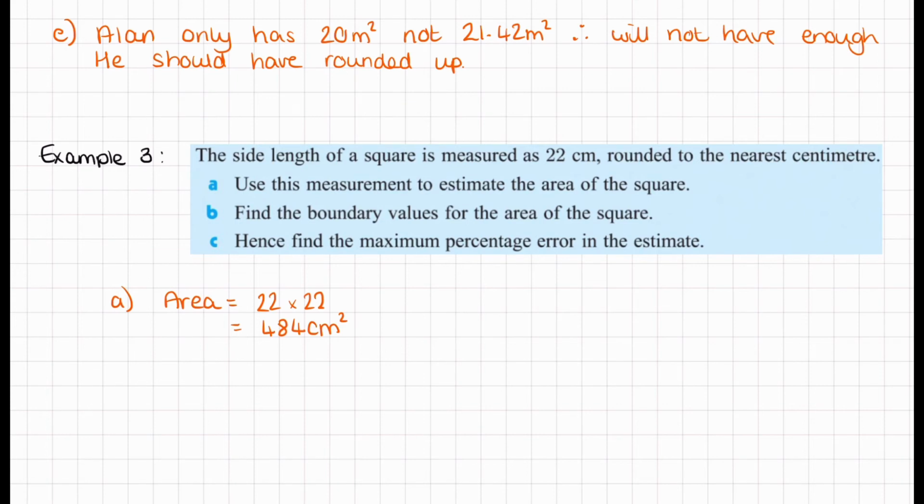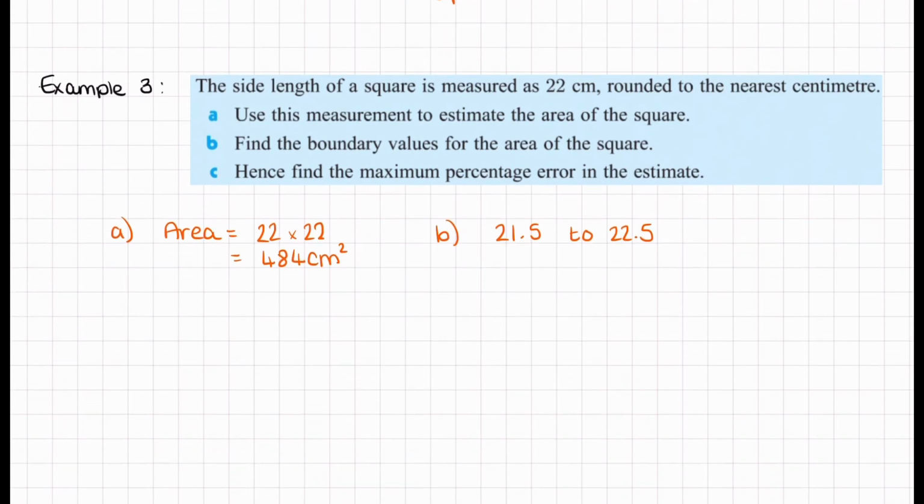Part B, find the boundary values for the area of the square. The boundary value is linked to the last video, where we have to look at the error with our plus or minus a half. The first thing we need to do is work out the error in the measurement. Our original was 22 centimetres, but our actual side length could have been between 21.5 and 22.5. Now we can find the different boundaries for the area.